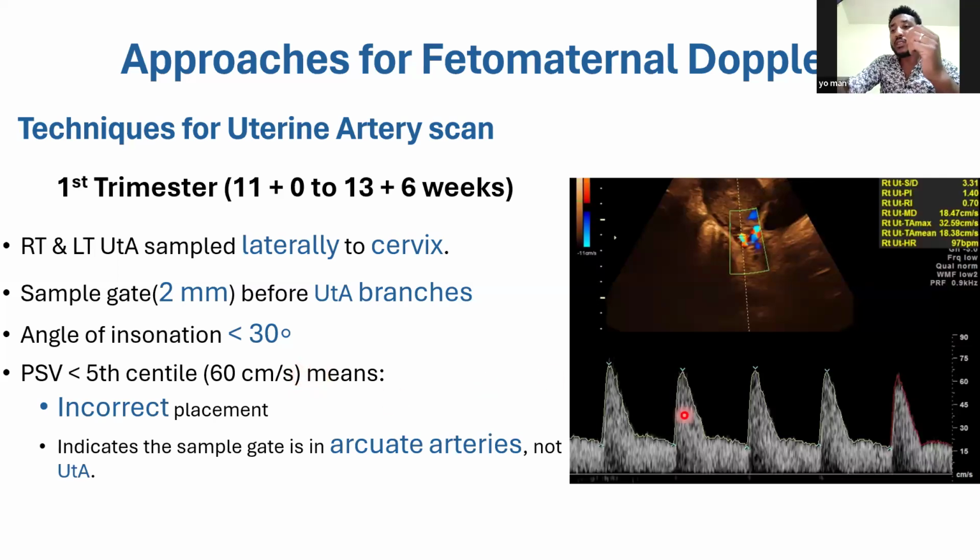So you should always see the mapping of the peak systolic velocity here, and as an example, it's above 60 centimeters per second, so that indicates the uterine artery is adequately mapped, okay?